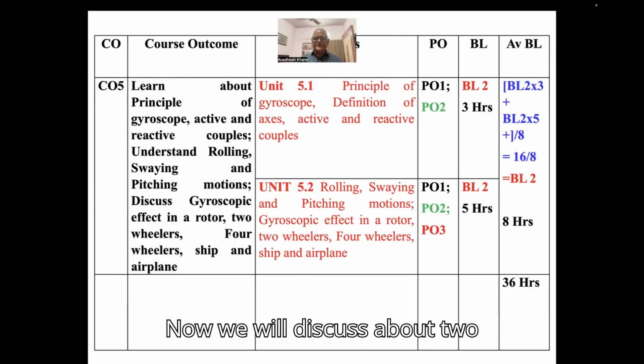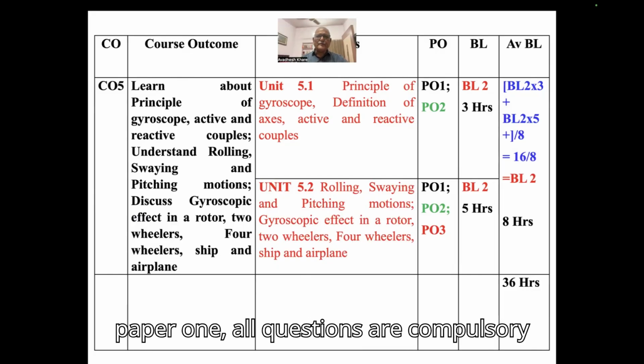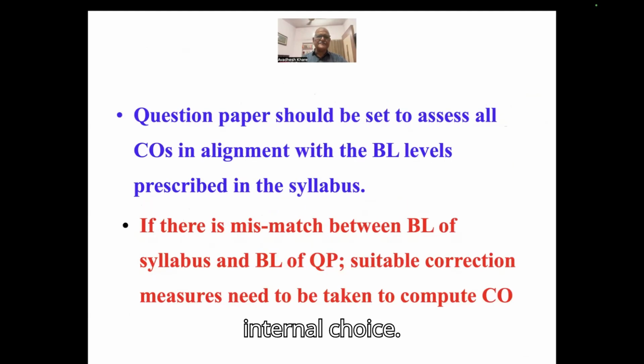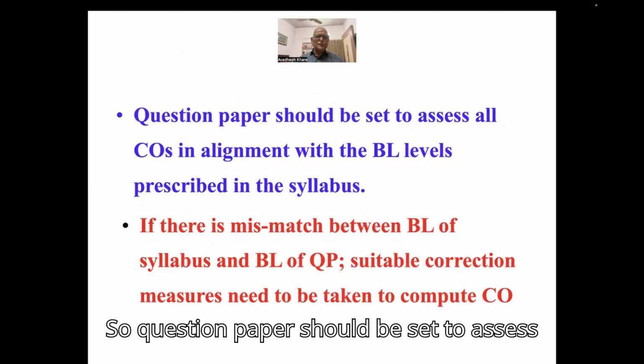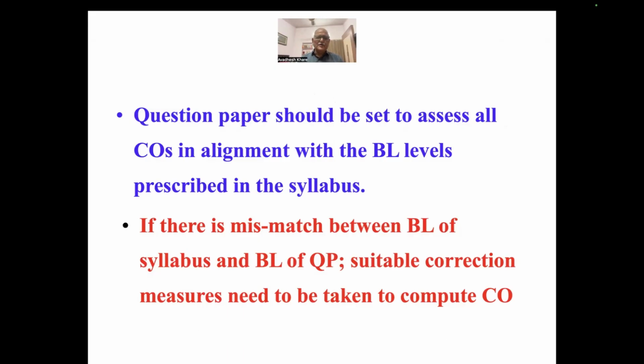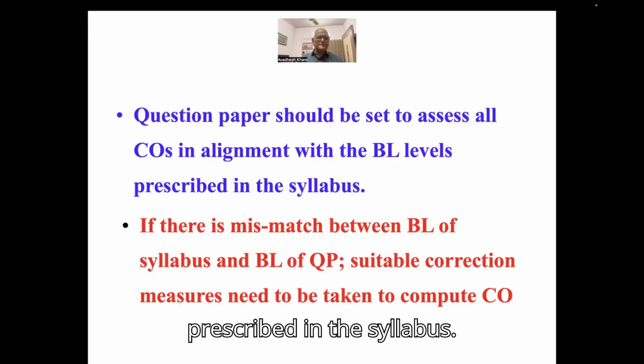Now we will discuss two question papers. In question paper 1, all questions are compulsory, and in question paper 2, we have internal choice. So the question paper should be set to assess all COs in alignment with the Bloom's level, that is the degree of difficulty level prescribed in the syllabus.